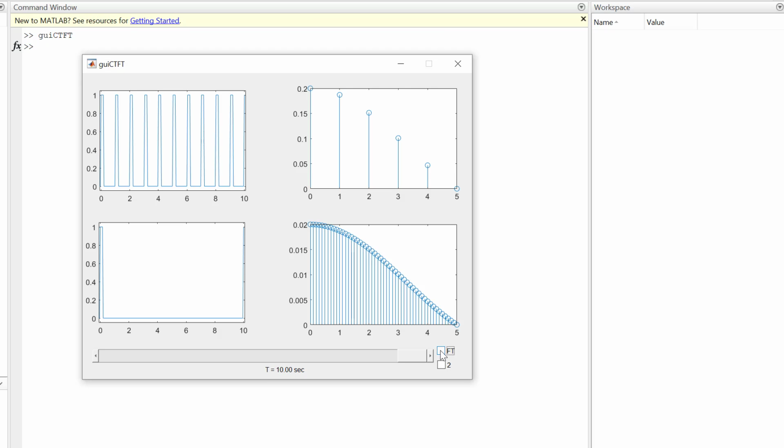So this is the Fourier series, lots of discrete values. This is the Fourier transform. Now instead of being discrete values, it's a continuous waveform. Instead of it being an infinite sum of harmonics, it's now an integral of these different waveforms. So we've got a differential amount of this frequency and a differential amount of this frequency and a differential amount of this frequency that when added together produces that waveform.